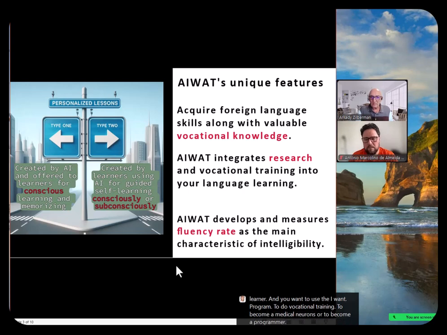You can create respective lessons in those new professions and apply subconscious training. I haven't told you yet what subconscious training is, just in a minute.